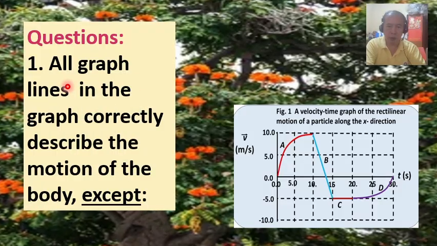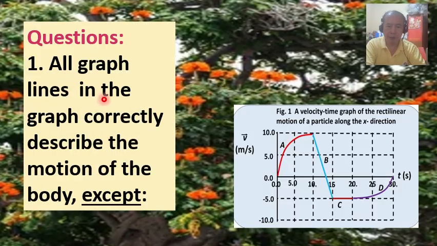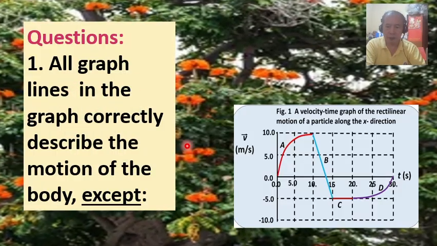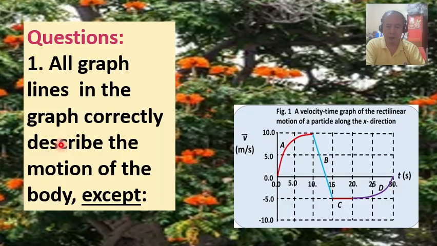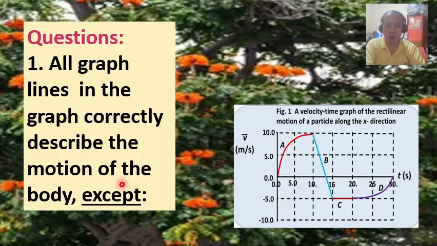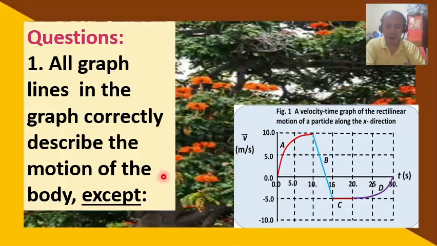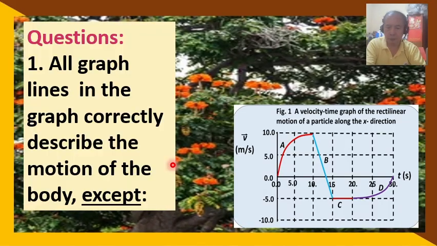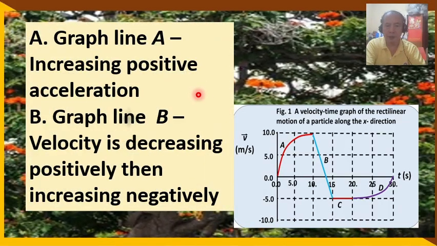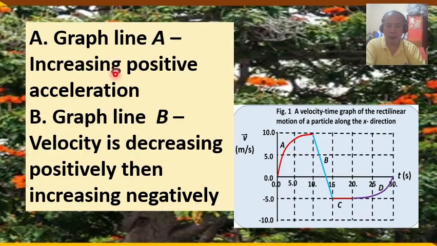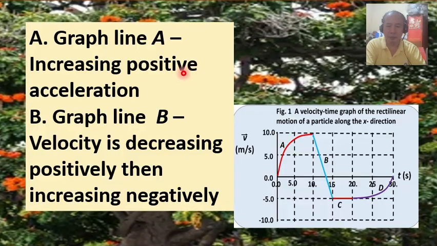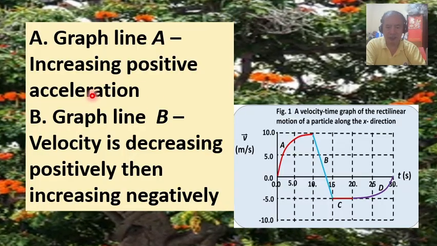The question is: all graph lines in this velocity time graph correctly describe the motion of the body except. Option A, graph line A, increasing positive acceleration.